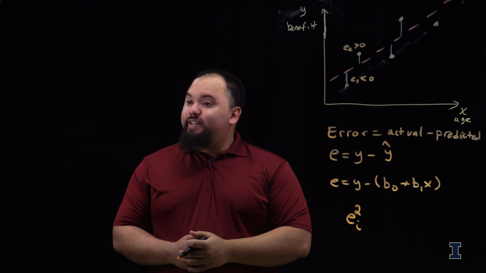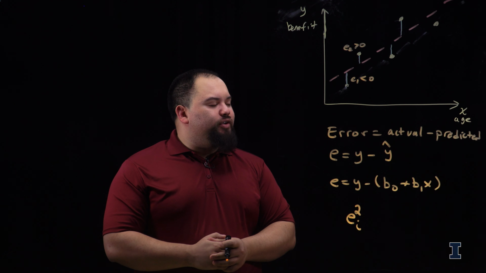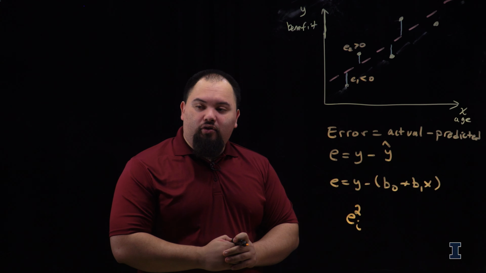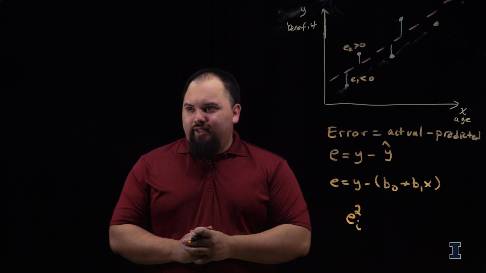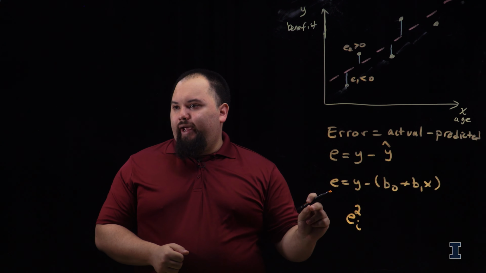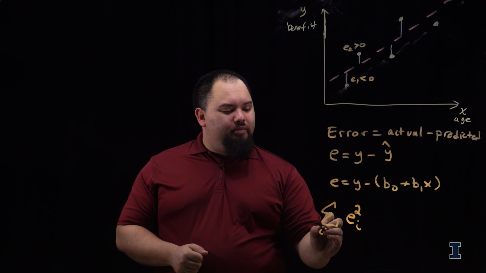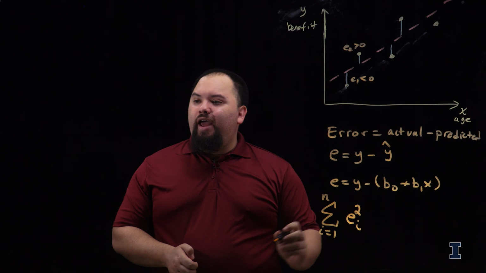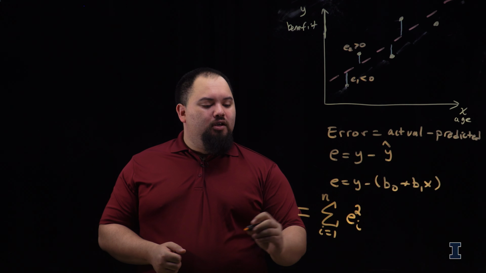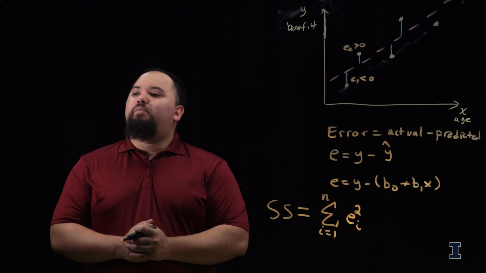We're also working with distances, and distances require a square of the difference, and so it's natural to use a squared error here when we're trying to minimize the distance to the line. But we don't want to focus on just one error, so we want to sum these all up. We'll start from the first observation until the nth observation to get the total sum of squares, which we will call SS, the sum of squares.